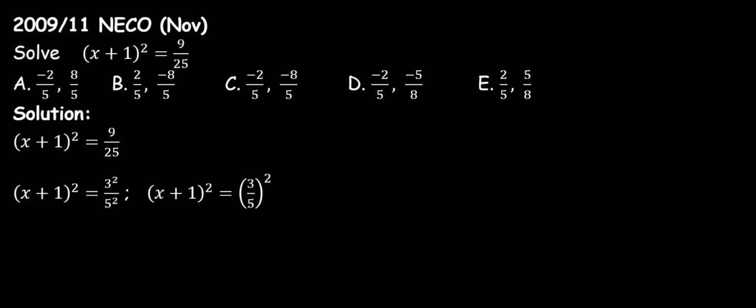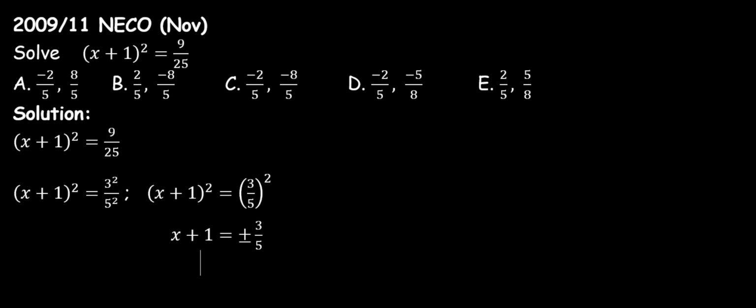We can factor out power like that with ease. Since they are in the same power, we can equate the bases. Our result will be x plus 1 equals plus or minus 3 over 5. Why are we doing this? Why we introduce plus or minus on the right hand side of the equation is because both sides are squared.